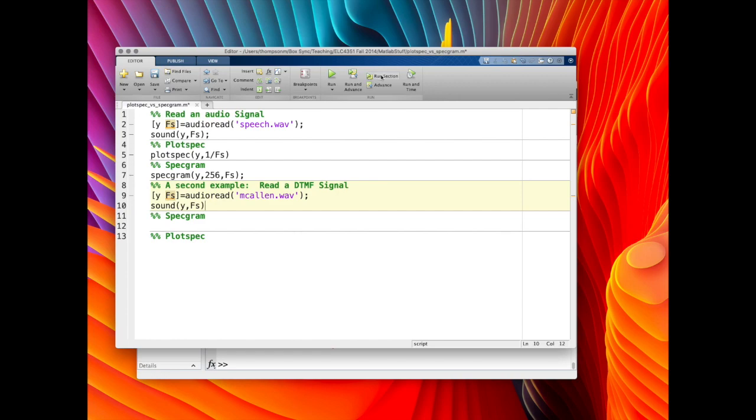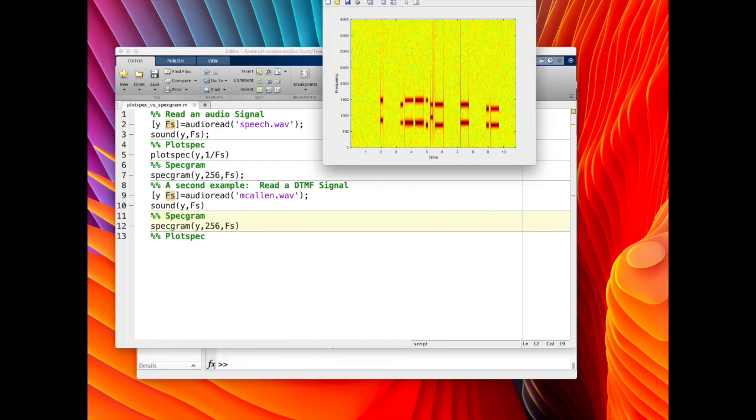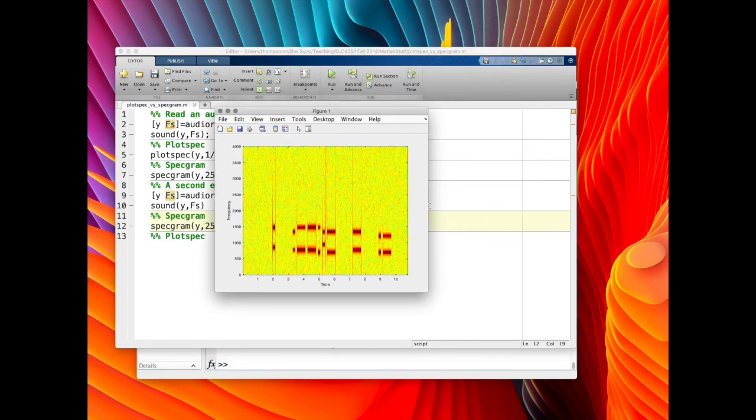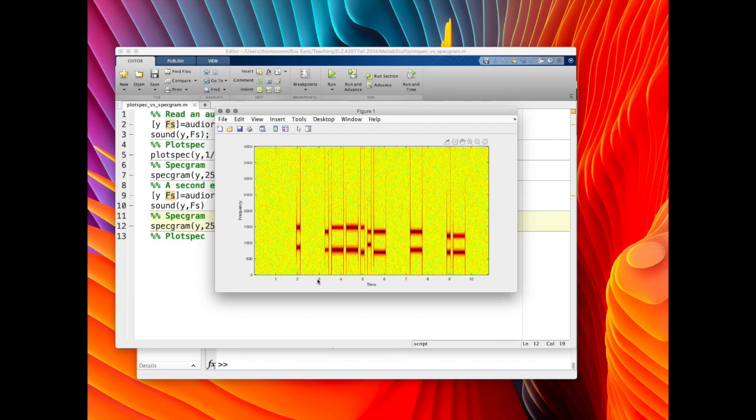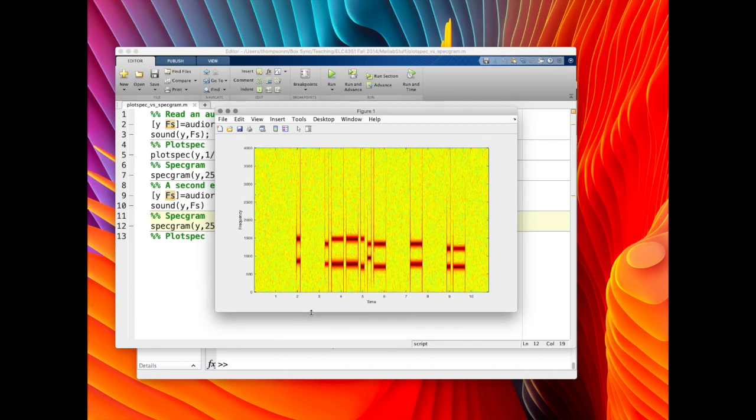All right, so if we looked at the spectrogram, we'll do the spectrogram first because the spectrogram breaks this up as little blocks of time. So spectrogram Y 256 FS. So when I run that section of code, then what we get is a nice picture of the phone digits being dialed.